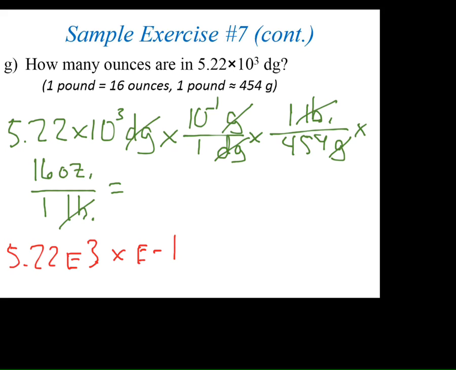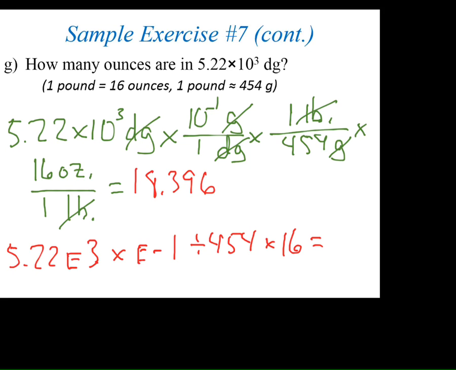What's next? 454, but it's on the bottom, so I divide by 454. What's next? 16, that's on the top, so I multiply. And that's how I would enter it. And then I got 18.396, yada yada, is that what you got? 18.396 and a whole bunch of digits going on there.